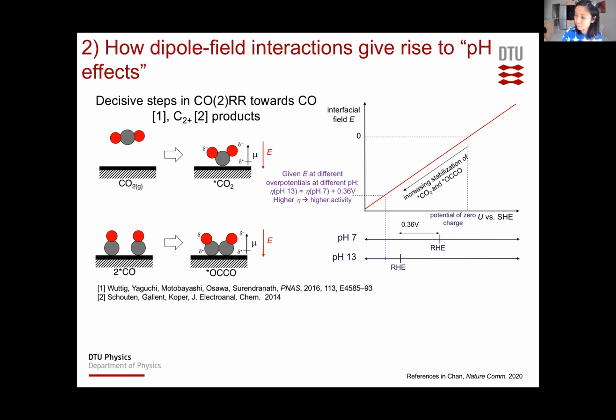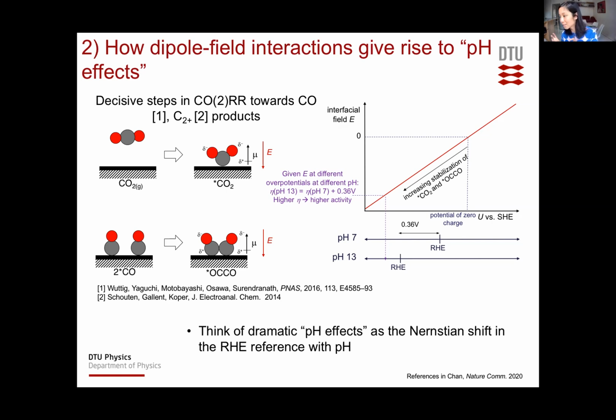It's 60 millivolts per pH unit times 6 here, which is 0.36. And so we can think of dramatic pH effects that are observed experimentally for electrochemical CO2 reduction as a Nernstian shift in the RHE reference with pH.